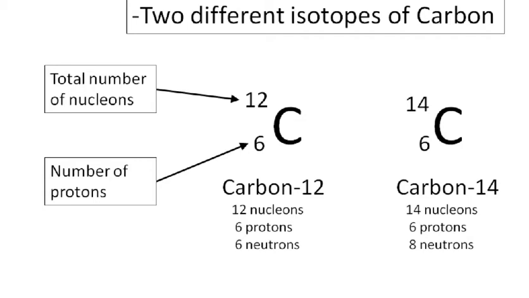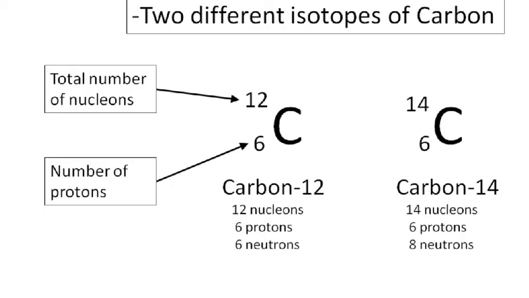First, you take the atomic symbol for that element. I'm doing carbon as an example, so the atomic symbol for carbon is just C. And then on the side, you're going to write two numbers. The one that goes on the bottom is the number of protons. The one that goes on the top is the total number of nucleons.